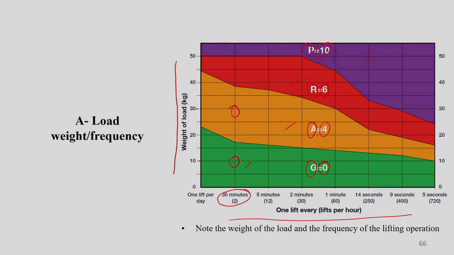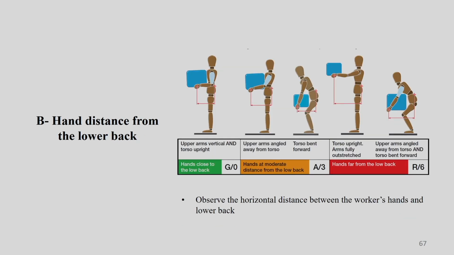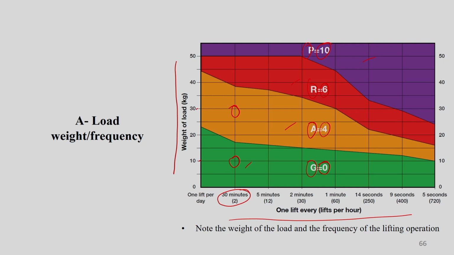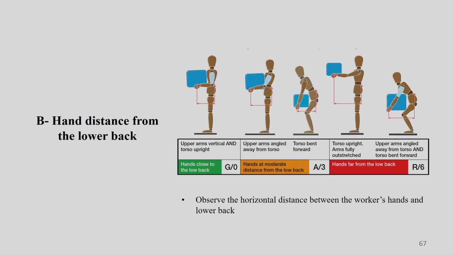So let's move ahead with the next variable. Here you have the definition of what kind of weight you are handling and how frequently you are handling the load. So based on that, what is the kind of risk you have in load handling.